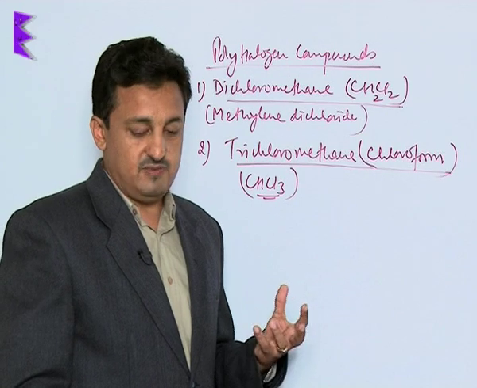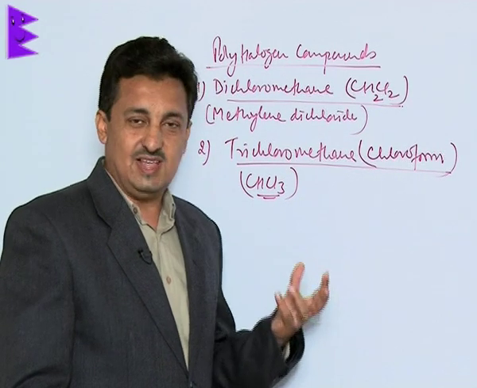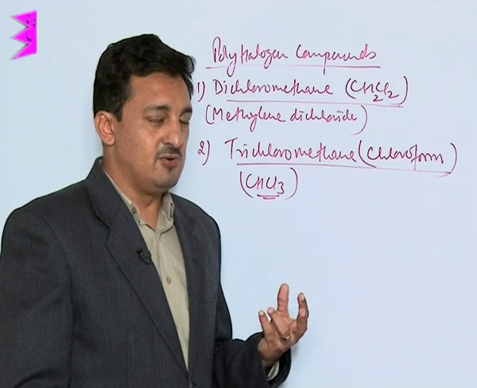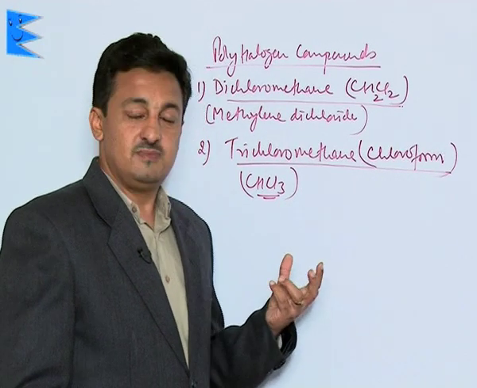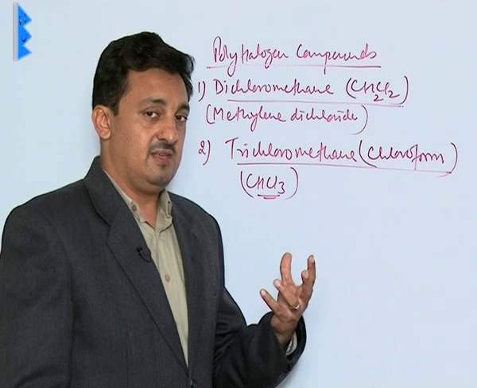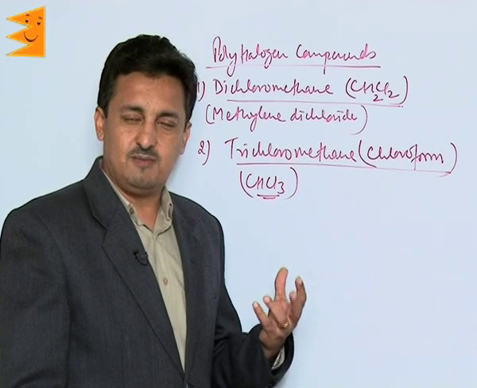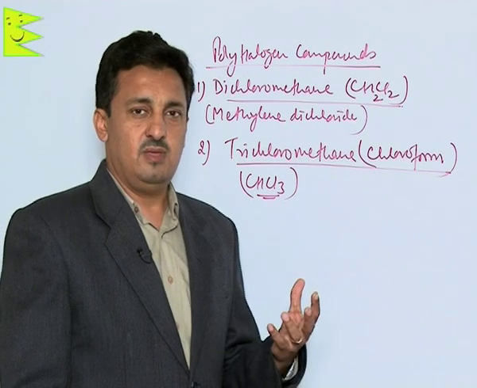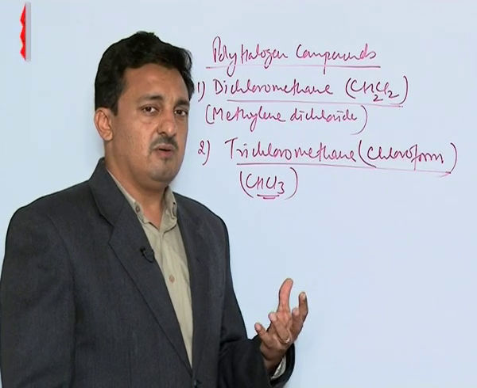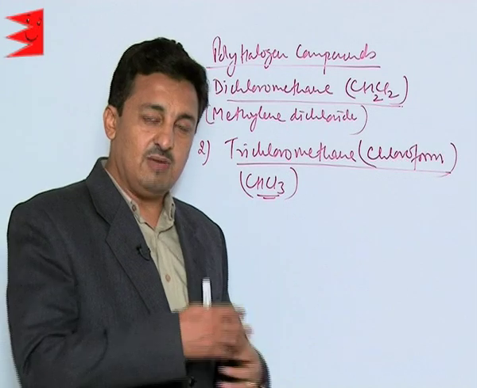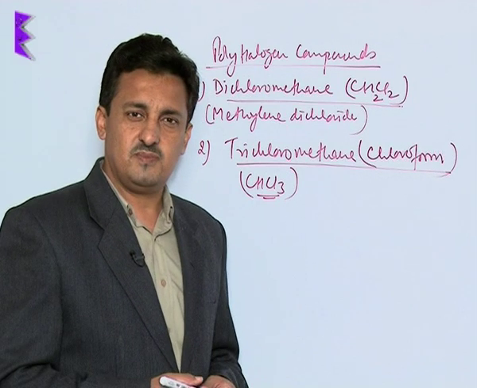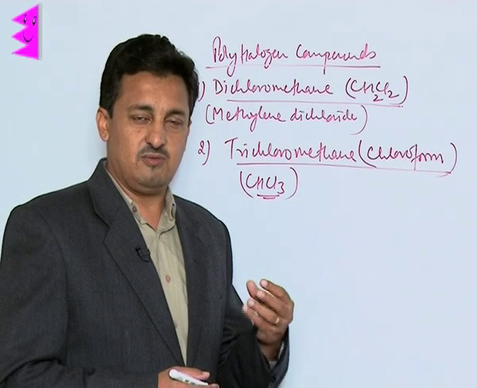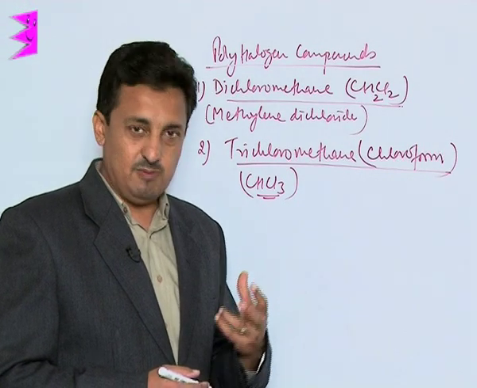It is a very good solvent, mainly for fats, alkalis, iodine, etc. The most important thing to note is that earlier it was used for anesthetic purposes, but since the recovery time was very different for different people, nowadays we avoid it and we have many good substitutes for it.